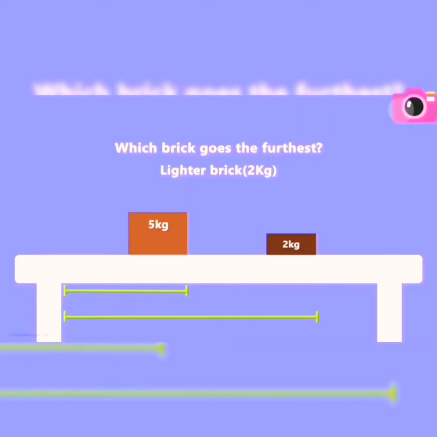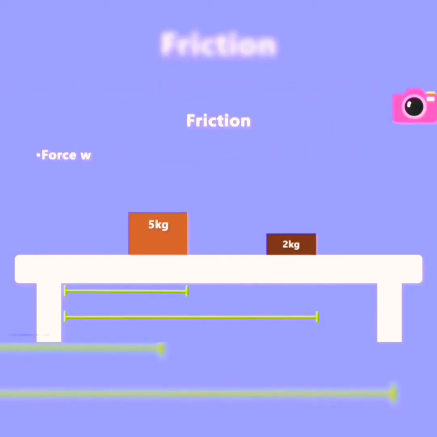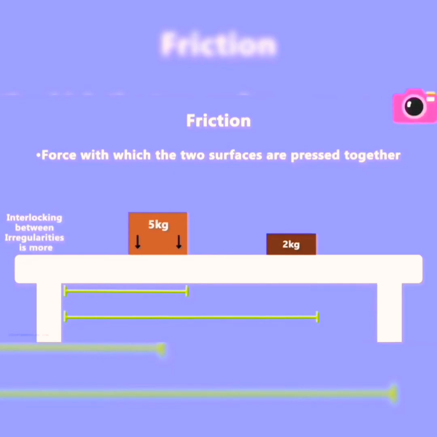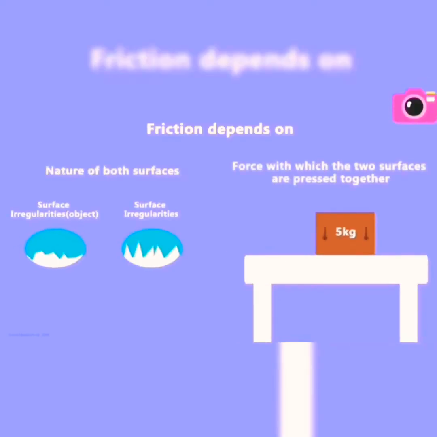The force with which two surfaces are pressed together creates friction. Because the second object has a greater mass, it creates a huge force on the table surface, which creates a number of interlockings between the surfaces, which creates more irregularities. So we can see there are two factors that affect friction. Number one is the nature of both surfaces, and the second is the force with which the two surfaces are pressed together.